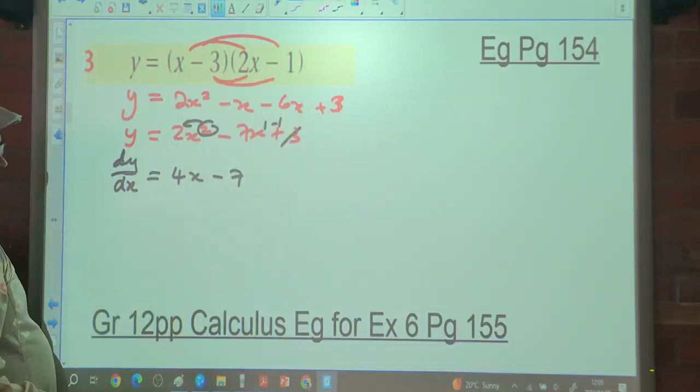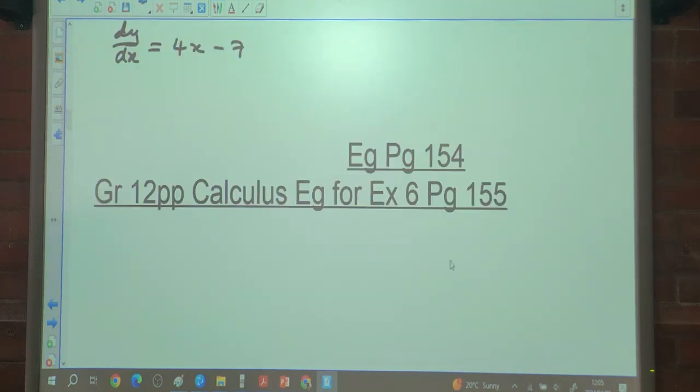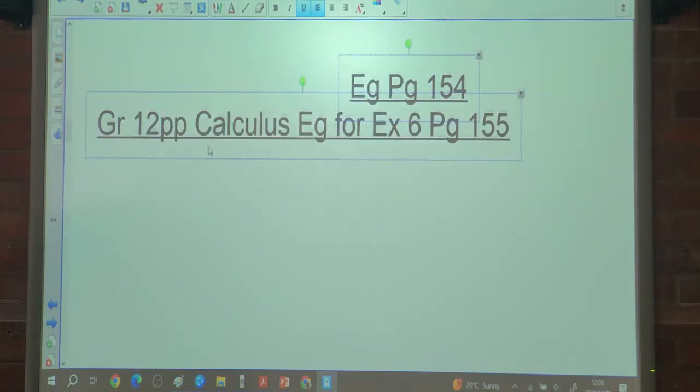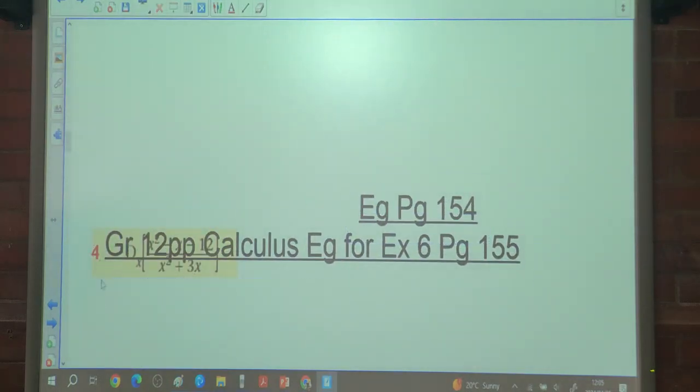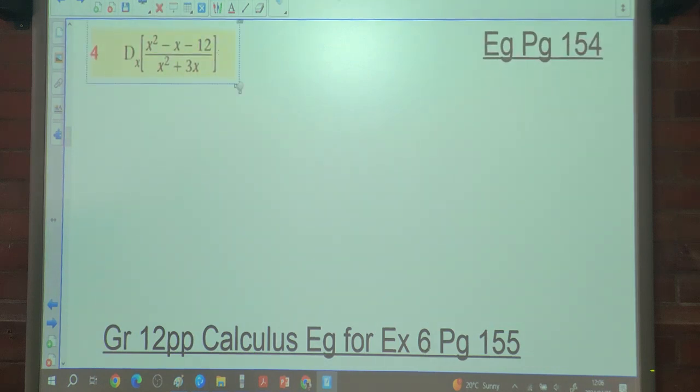Derivative of a constant? So 4x minus 7. Any confusion there? Any questions?